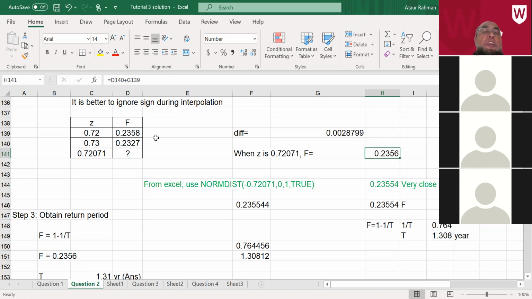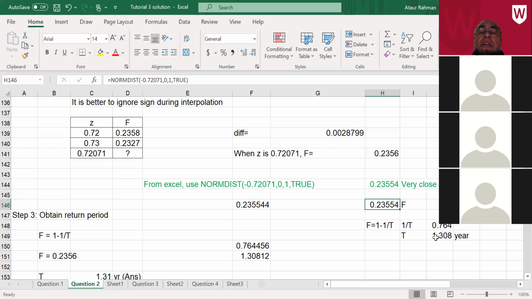That is the interpolation. We are doing the interpolation in this way. Interpolation is like we are using a table, the table I showed you previously. That is one way of doing it, but if you are using Excel directly, then you don't need to do it that way. Rather, you use this function.